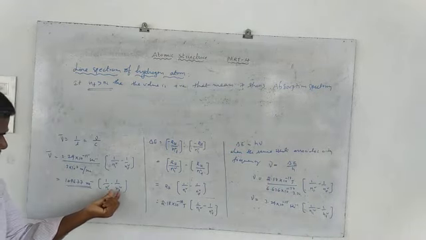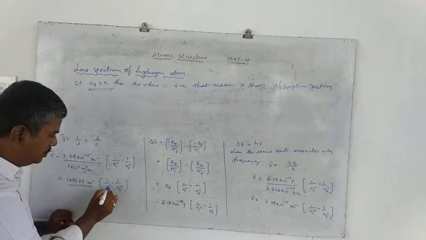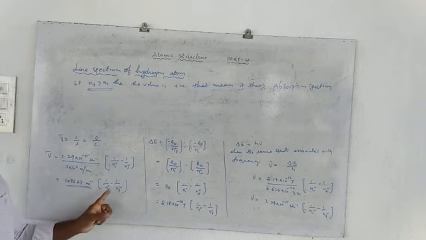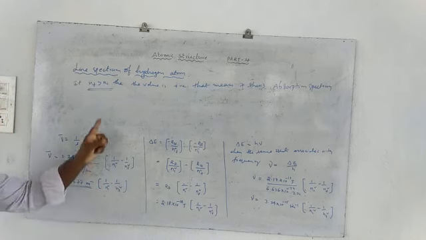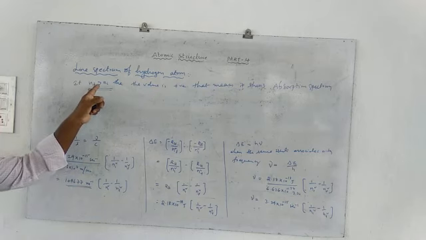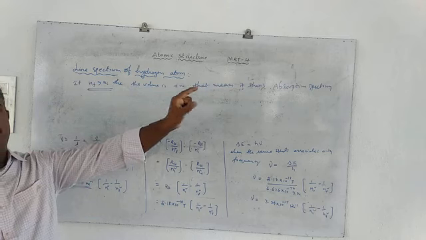While your NF is greater than NI, N initial, while you are getting LCM, finally we get a positive value when NF is greater than NI. That means that shows the absorption spectrum.